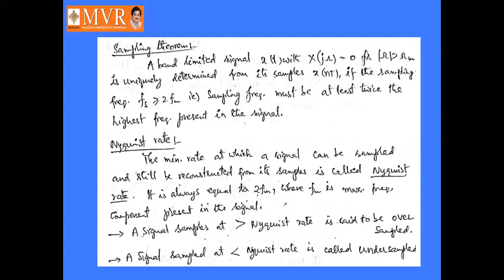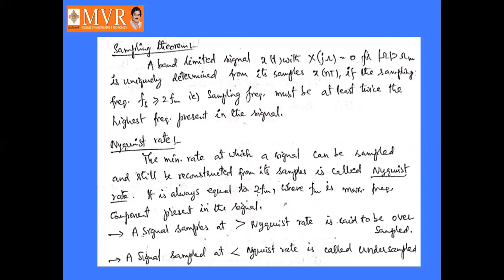So it is defined as a band limited signal x of t with X of j omega equal to 0 for mod omega greater than omega m is uniquely determined from its samples x of nT if the sampling frequency fs is greater than or equal to double the highest frequency component present in the signal.